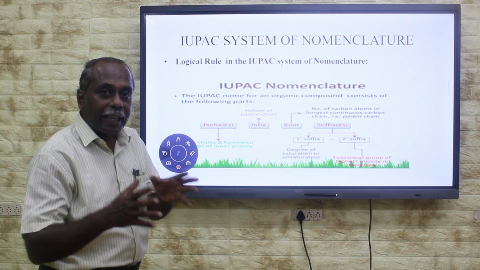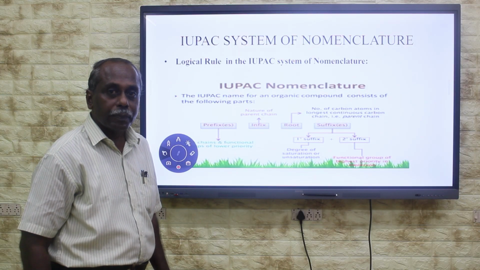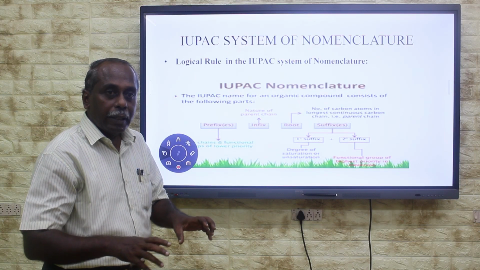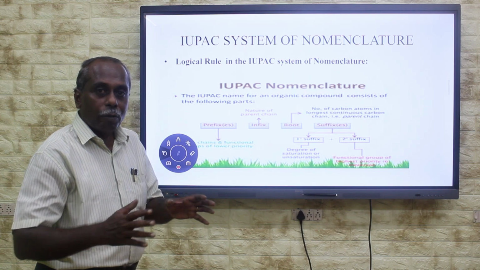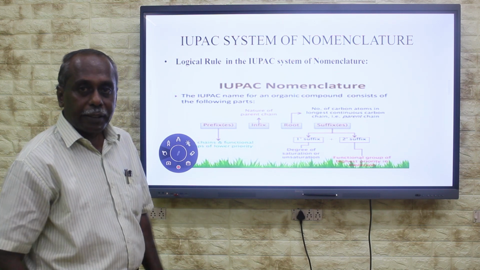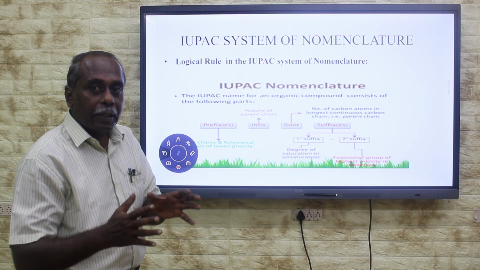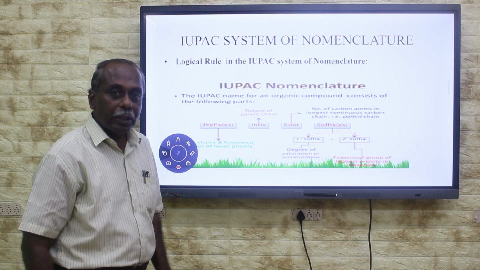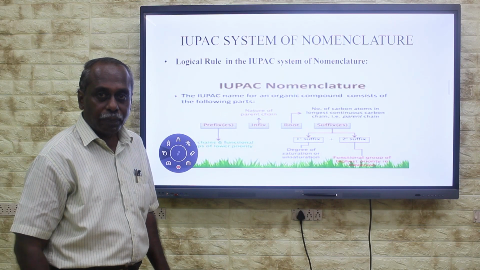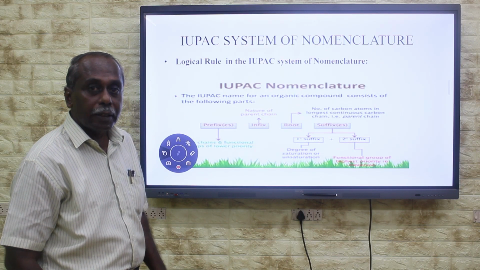That fragment is called the root word. While giving the name, it should be broken down into 5 pieces. One major piece gives the number of carbon atoms in the organic chain. That is said to be the root word.